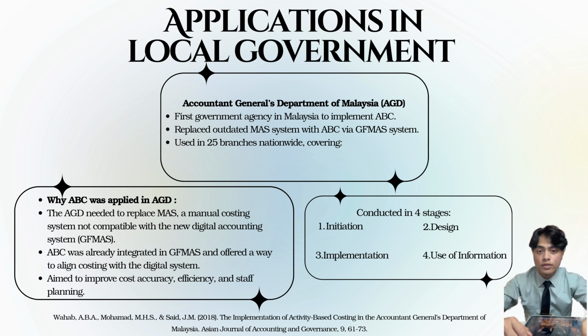Why did they do this? First, ABC gave them more accurate and timely cost information. Second, it matched better with the structure of GFMAS. Third, it supported broader public sector reforms aiming for transparency and efficiency.